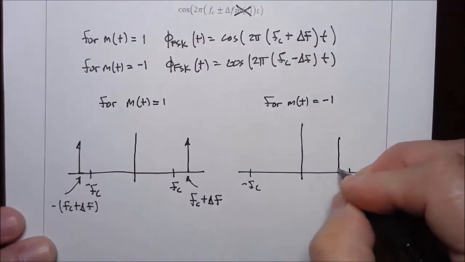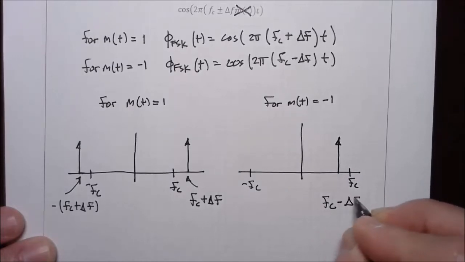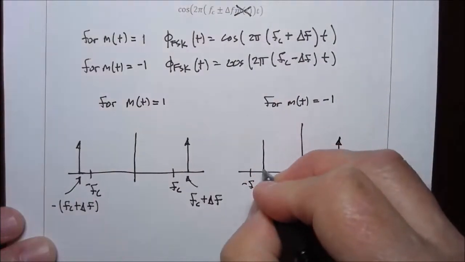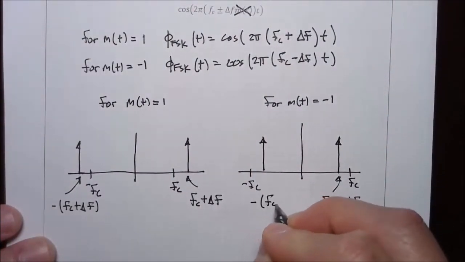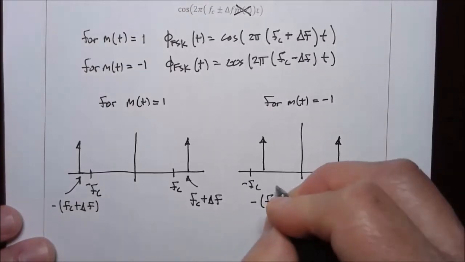The delta function would be here at FC minus delta F, and this would be at minus FC minus delta F.